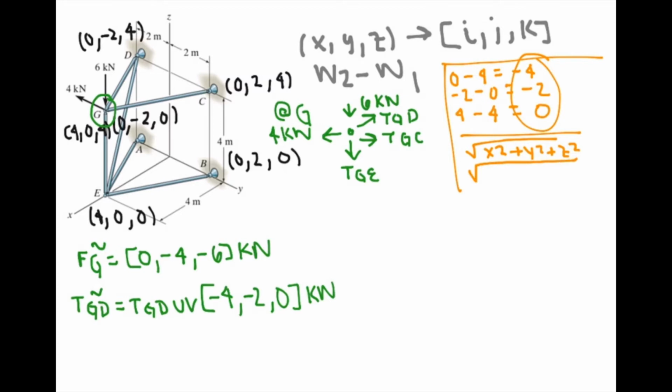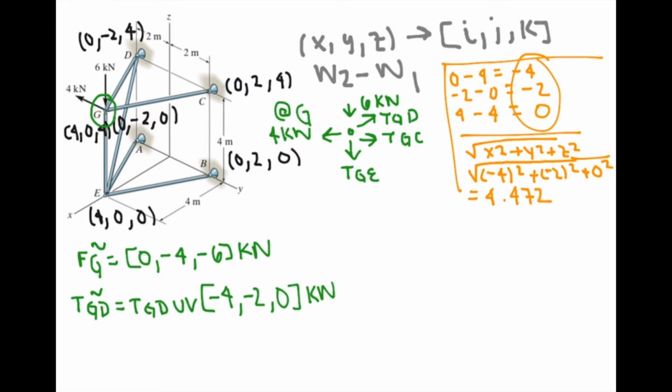Minus 4 squared plus minus 2 squared plus 0 squared, all underneath the square root, which is going to equal 4.472. So that's what's going to be going in our denominator.